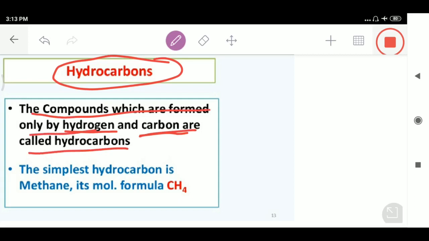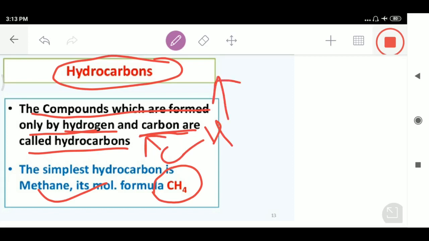The simplest hydrocarbon is methane. Its molecular formula is CH4. One is carbon, another is hydrogen. It's a combination of carbon and hydrogen. That's why methane is included in hydrocarbons. We have so many examples of these hydrocarbons.